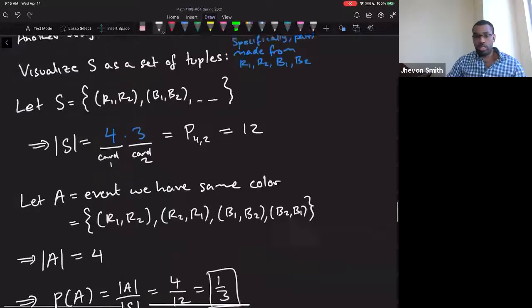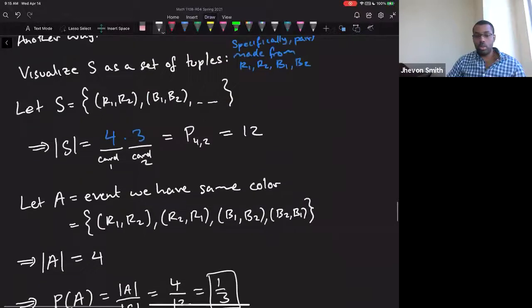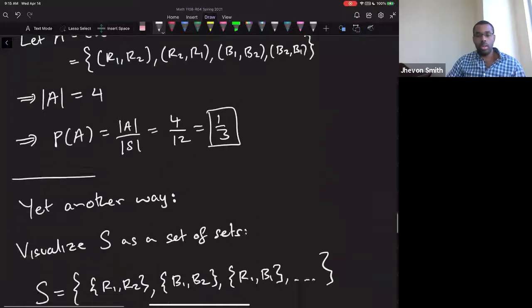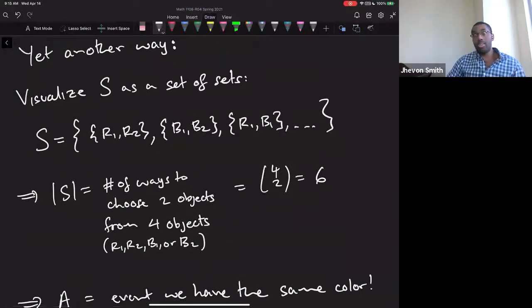And you wouldn't mix the two, right? So once you visualize your sample space, you have to be consistent. If you visualize a bunch of tuples, you should be using permutations and the multiplication rule. If you visualize as a bunch of sets, you should be using combinations and maybe the multiplication rule, right? Multiplication rule can apply all over the place, depending on how you set things up.